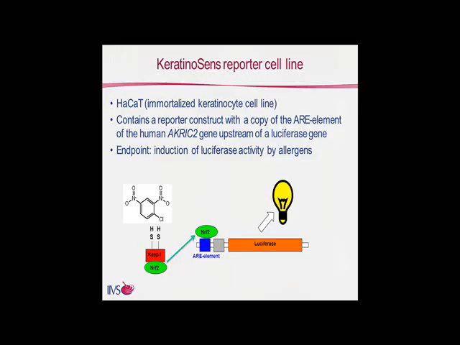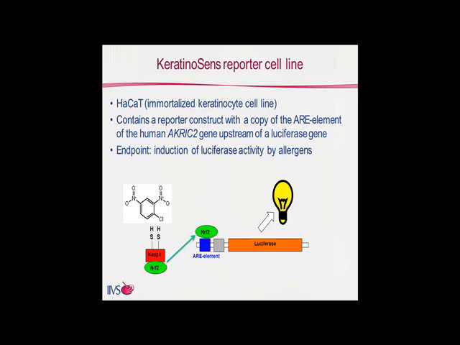So it's a simple endpoint in the lab: when you have chemicals that interact with the residues on KEAP1, allowing NRF2 to translocate to the nucleus, you upregulate luciferase, which can be monitored in the lab with a luminometer. In this assay, the test chemical is diluted over a broad range and applied to the cells for 48 hours, at which point you would then assay luciferase gene induction.